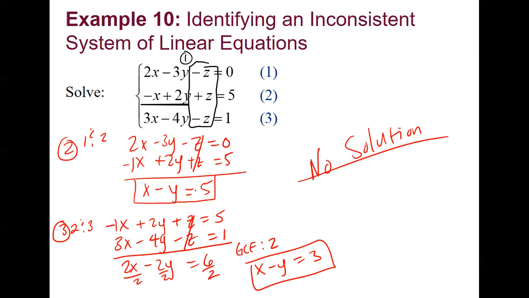If the 2 variables following the same operation equal different things, then you have nowhere to go. Because this is basically saying 5 equals 3. And is that a true story? No, 5 does not equal 3. So when this happens, it's inconsistent, so therefore there is no solution.